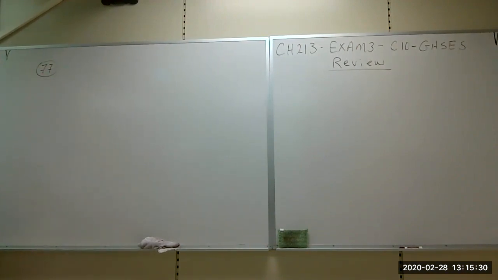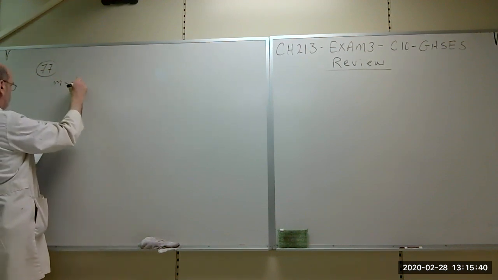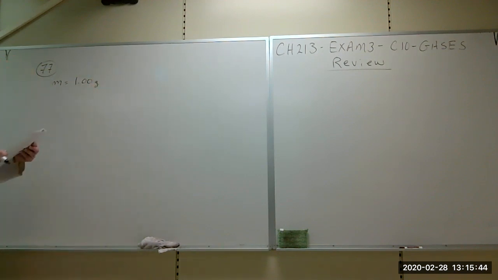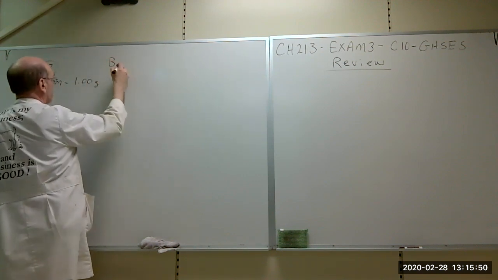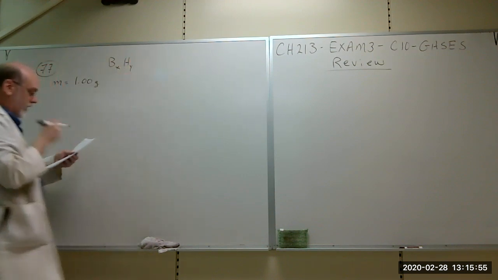Okay, so what are we given? 1 gram sample of a gaseous compound. So the mass equals 1 gram. And the composition is made of boron and hydrogen. So we've got boron of a certain amount and hydrogen of a certain amount.